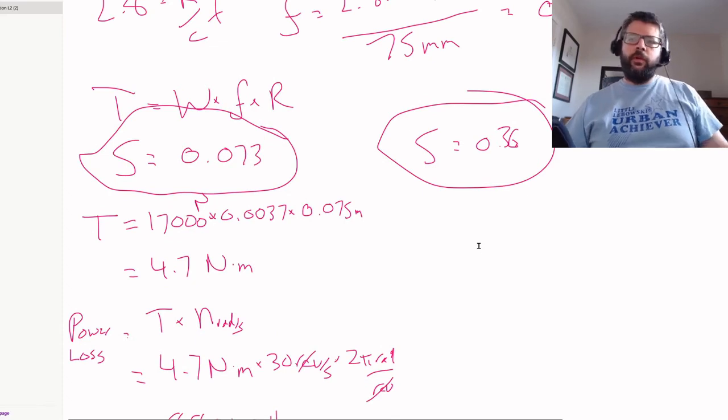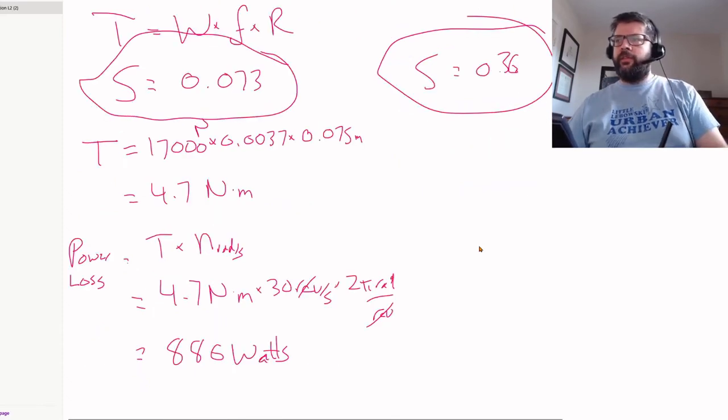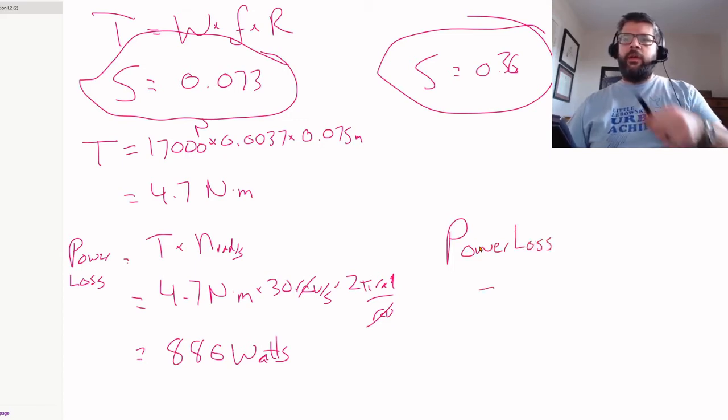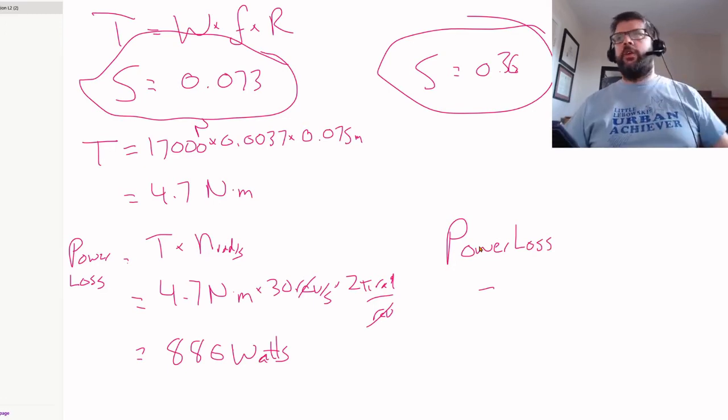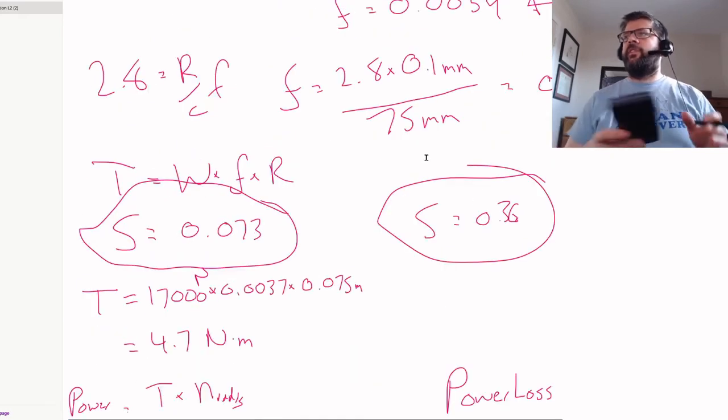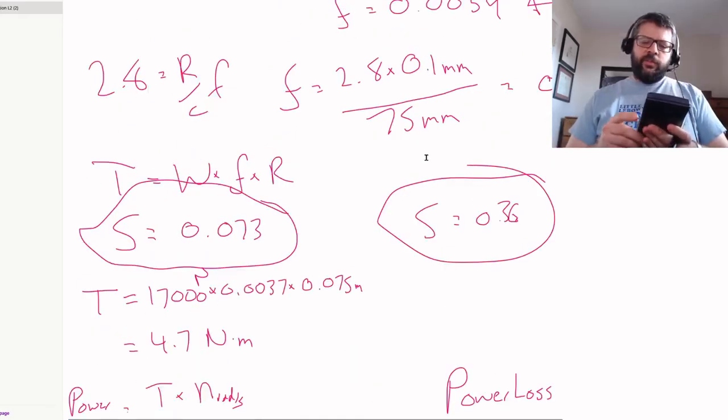So the power loss can be calculated as 886 times the ratio between the two coefficients of friction, so times 58 divided by 32.